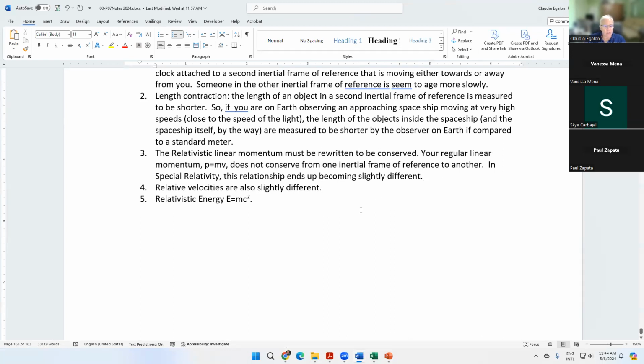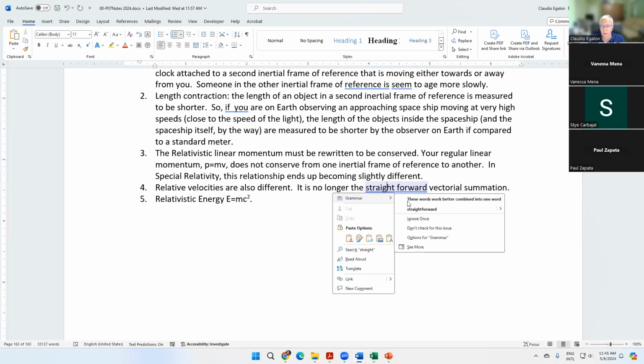Another important consequence is that relative velocities between objects are not the straightforward vectorial summation. They are also different. And then we have the relativistic energy that he derived as well.